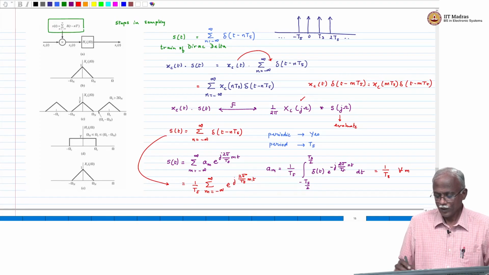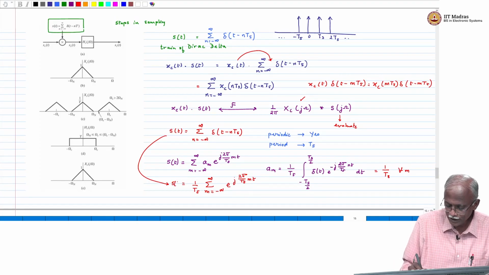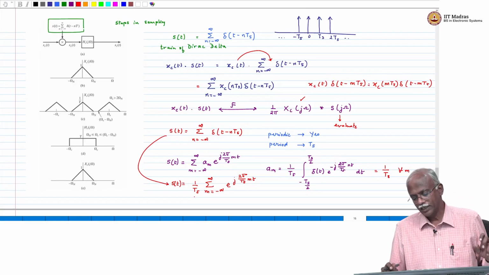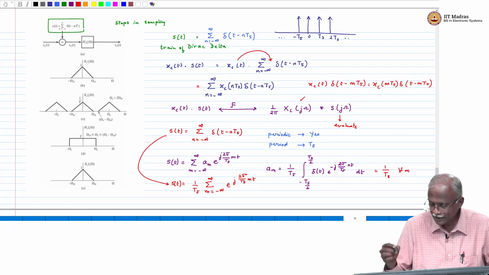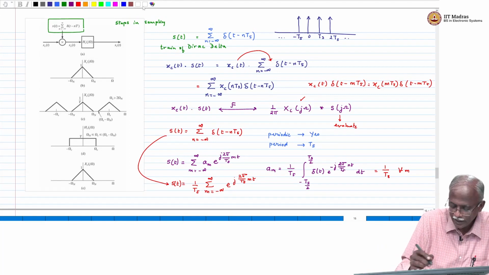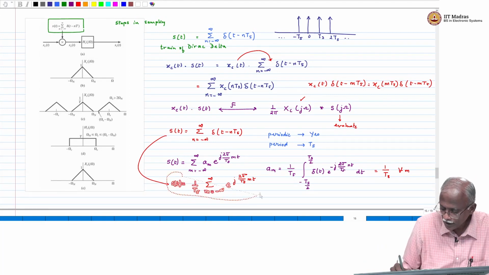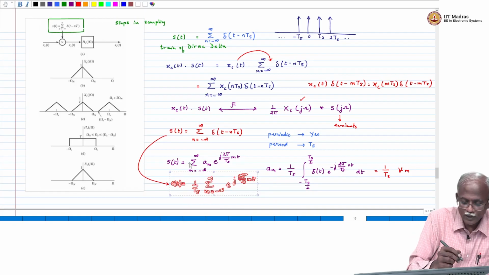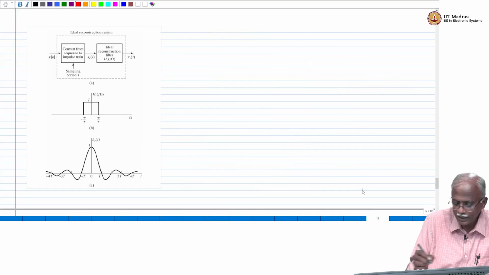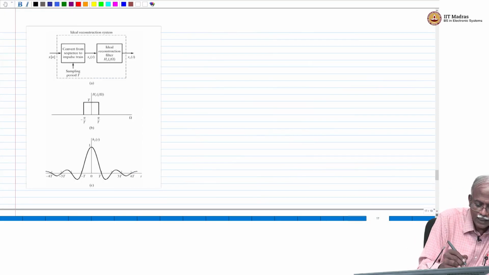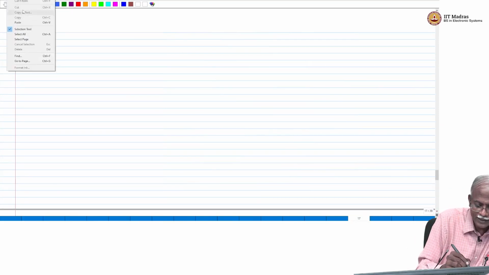This is an alternate expression for s of t. Now you may wonder, why are we doing that? Because we have a result from continuous time Fourier transform which we will use. So let us copy this to the next page and look at what is the form that we can get.